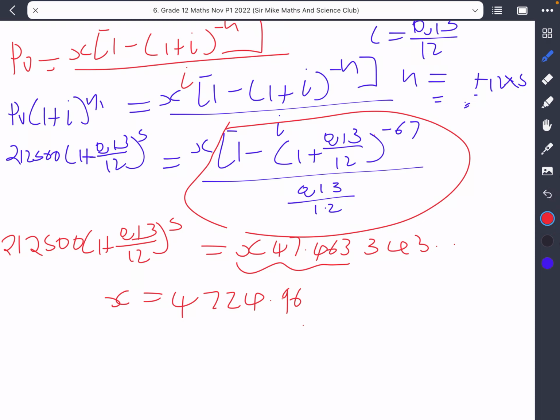I took this whole thing and divided it by the coefficient of x. What we had was 4,724 and 96 cents. So the monthly installment that Dino would need to make in order to settle that loan would be 4,724 and 96 cents.